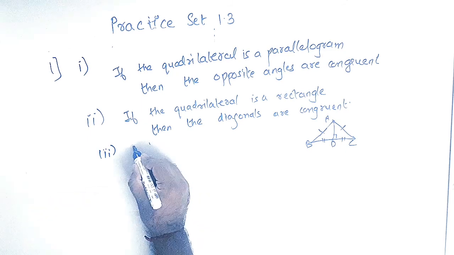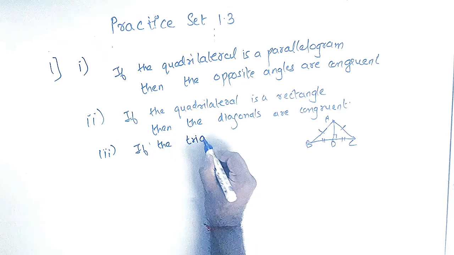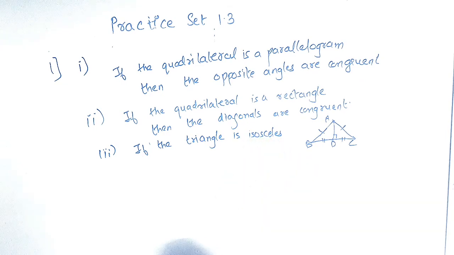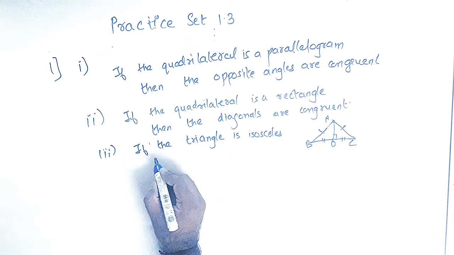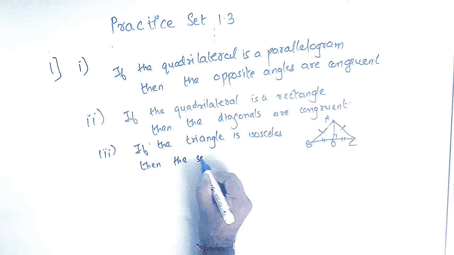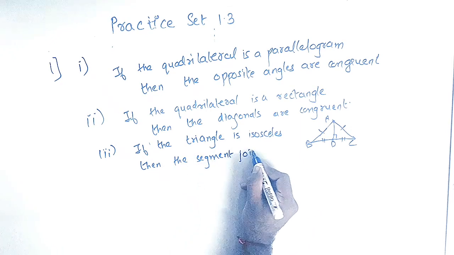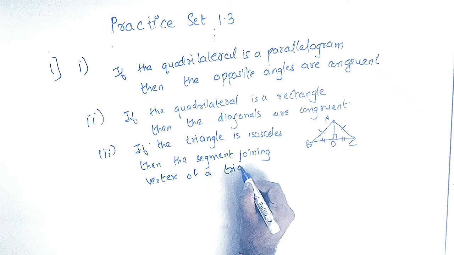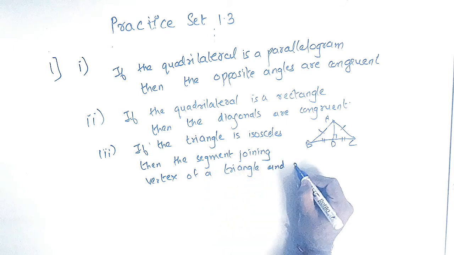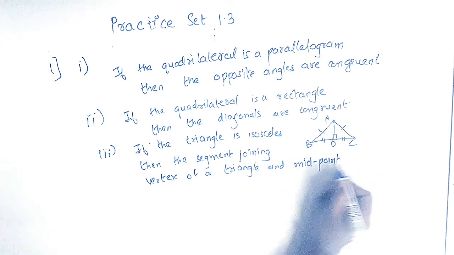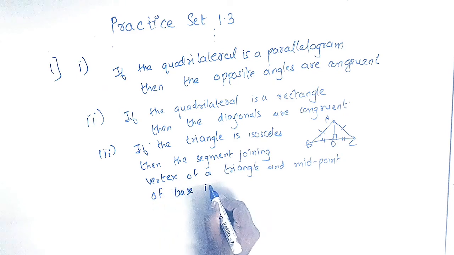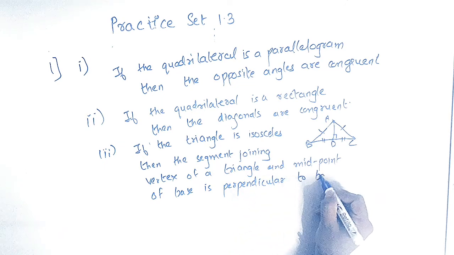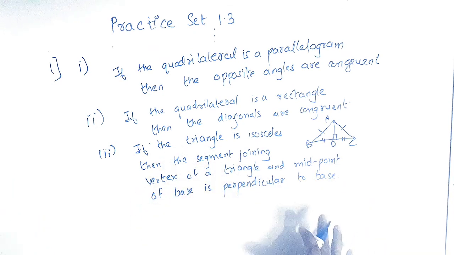Very simple, we will write: if the triangle is isosceles, then the segment joining the vertex of a triangle and the midpoint of the base is perpendicular to the base. The rest you can copy from the textbook, the question.